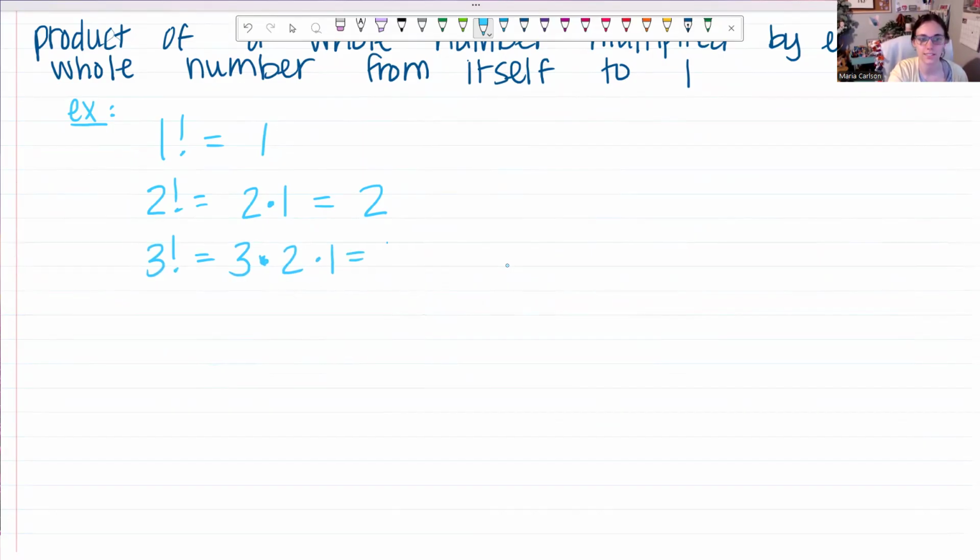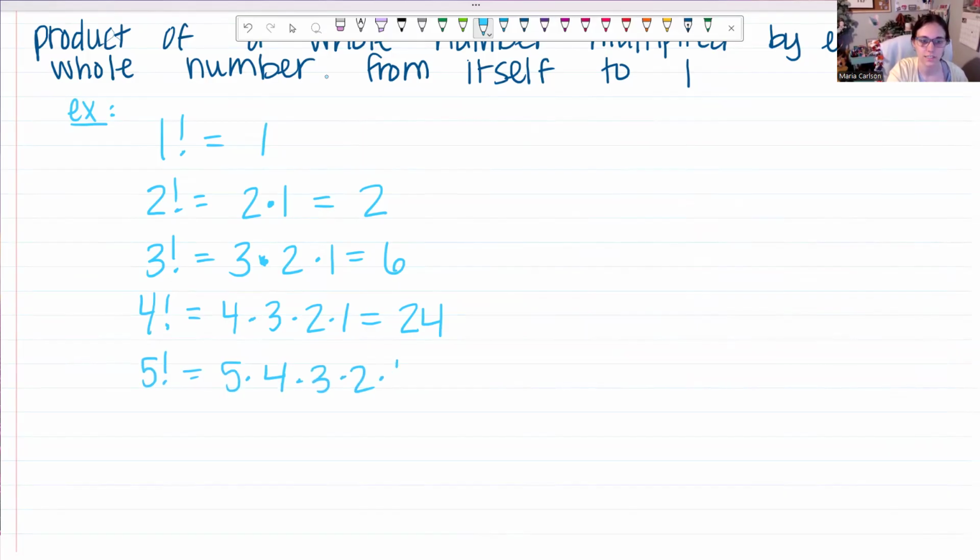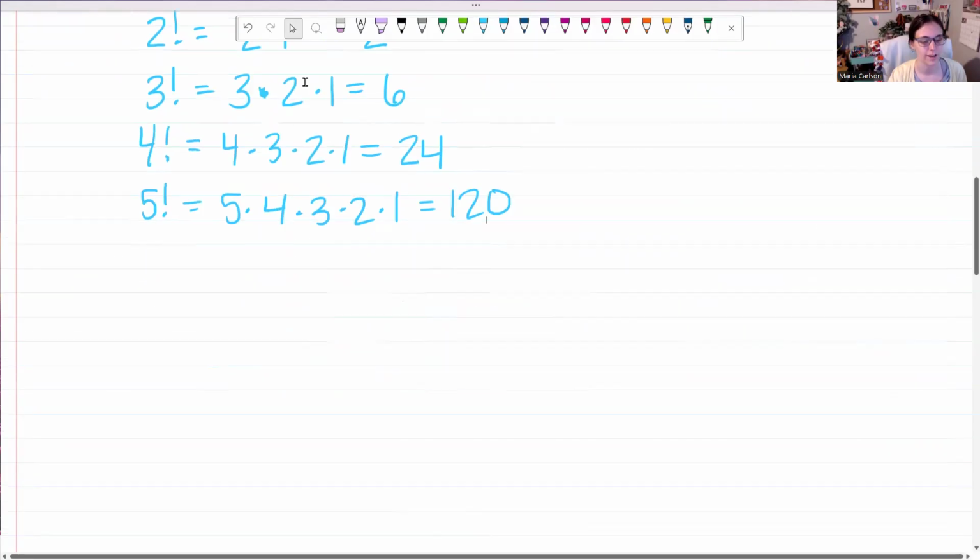And 3 times 2 is 6, times 1 is 6. 4 factorial is 4 times 3 times 2 times 1, which is really 3 factorial multiplied now by 4. 4 times 3 is 12, times 2 is 24. And the last one I'm going to write out is 5 factorial, which is 5 times 4 times 3 times 2 times 1. 5 times 4 is 20, times 3 is 60, times 2 is 120. And we could keep going, right?